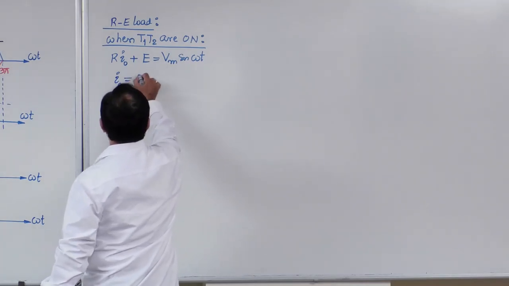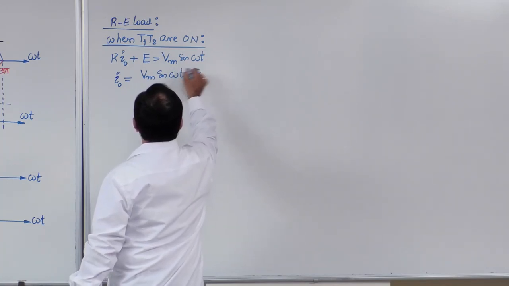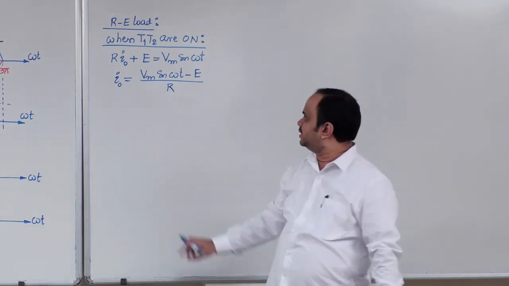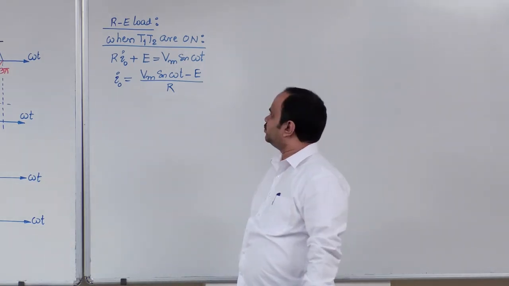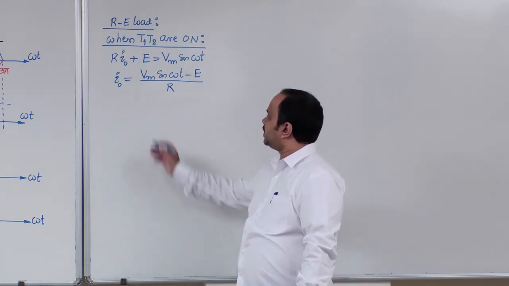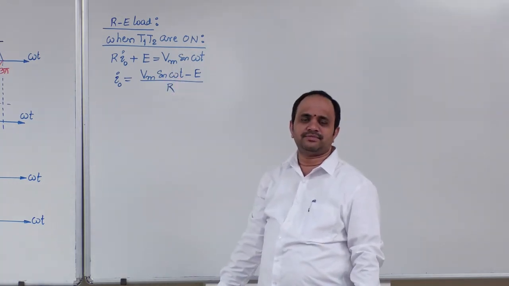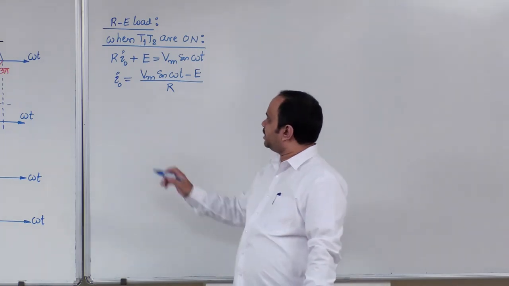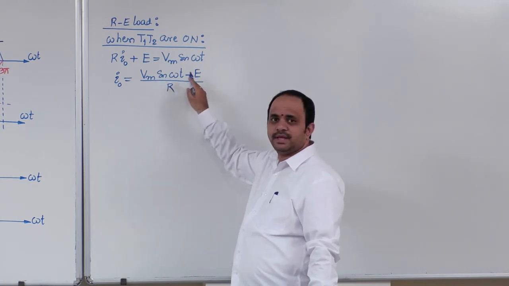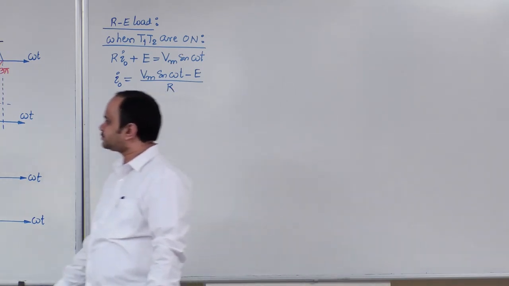Therefore, I naught is equal to Vm sin omega t minus E divided by R. We had a similar equation in the half rectifier also. So what was the conclusion then? I naught has the same waveform shape as the V naught waveform. But remember, I naught will be 0 whenever Vm sin omega t is equal to E. That will happen at omega t equal to pi minus theta. Now let us see that.